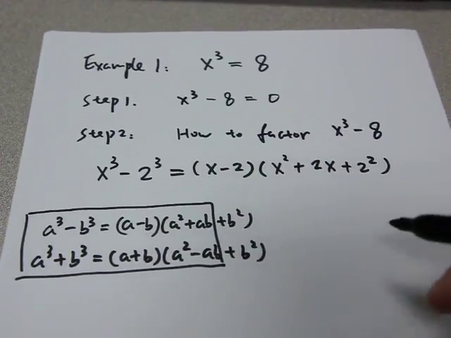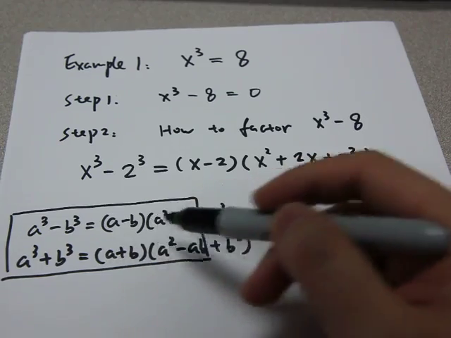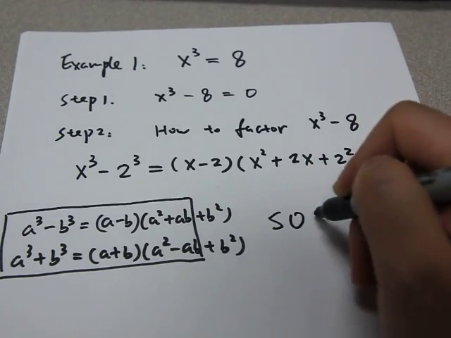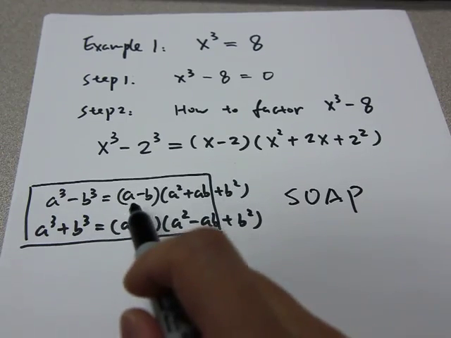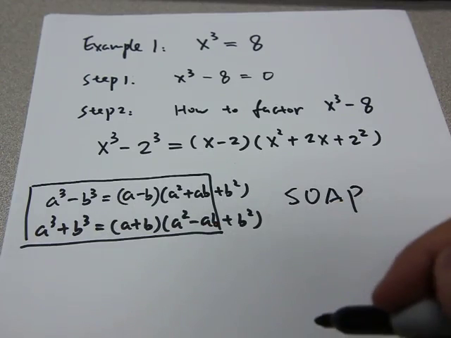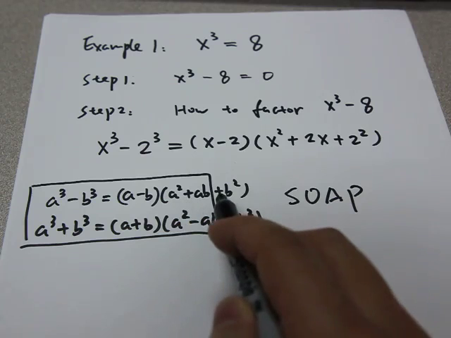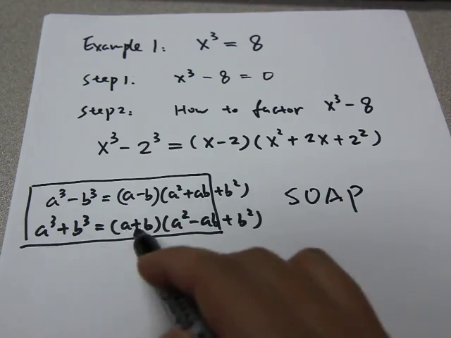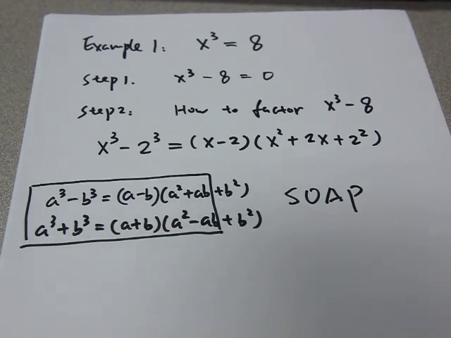Remember, the difference between these two formulas is the signs, and we can use the method SOAP to remember the order of the signs: the same, the opposite, always positive. Both of them are plus in the first, the opposite in the second, and always positive in the last.